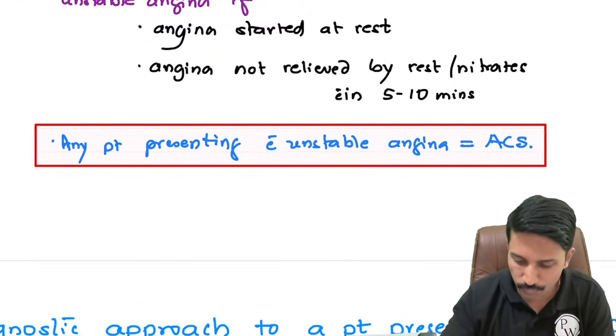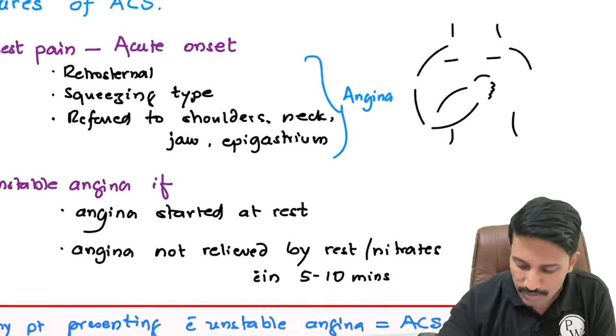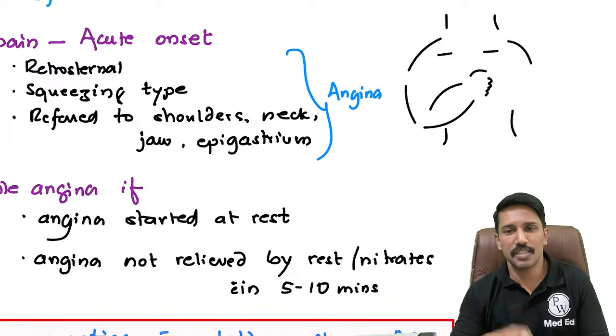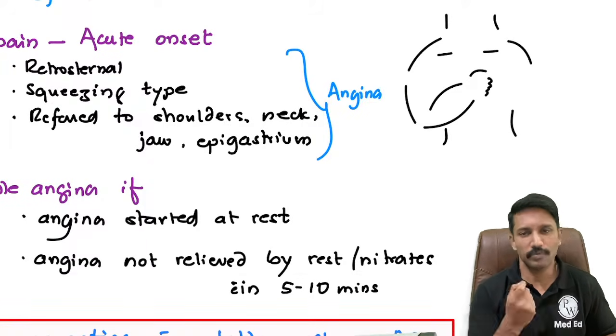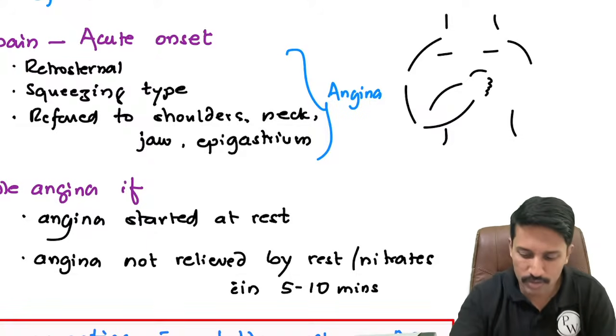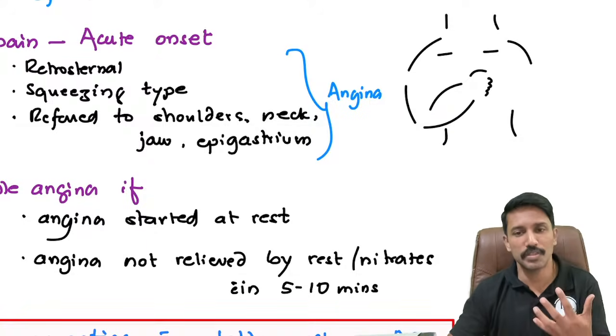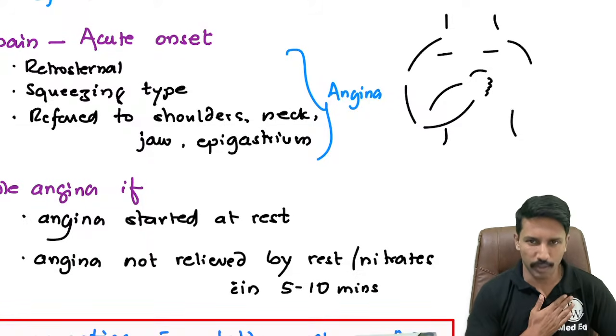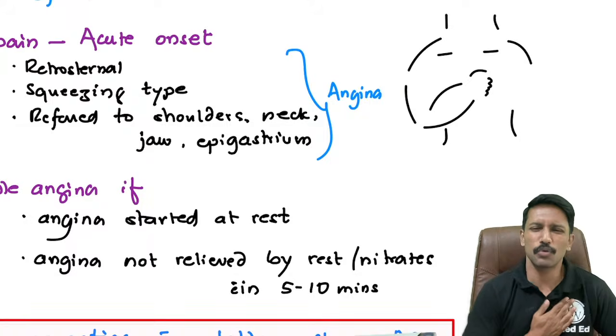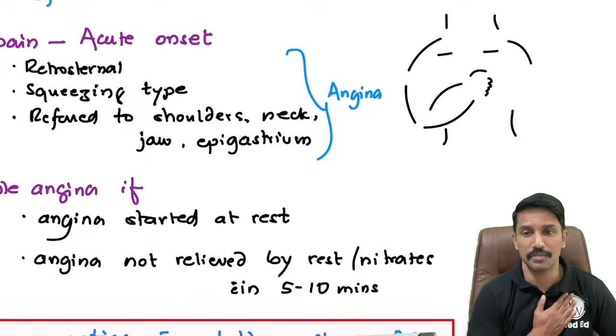That's it. Okay. Now, apart from this, if you can sketch this image where a person is holding his clenched fist on the chest, it will give you an additional half mark, because there is a name given to this observation. Most of the patients who come to the emergency room with angina generally hold their clenched fist, sometimes open palm, on the sternum, and they keep doing this. Sorry, it hurts badly here.